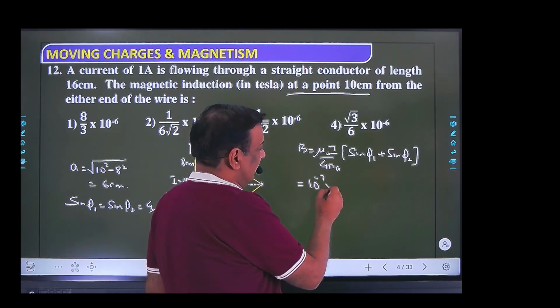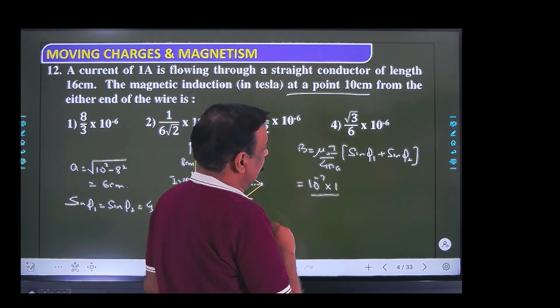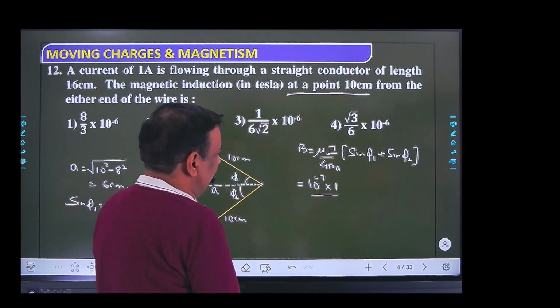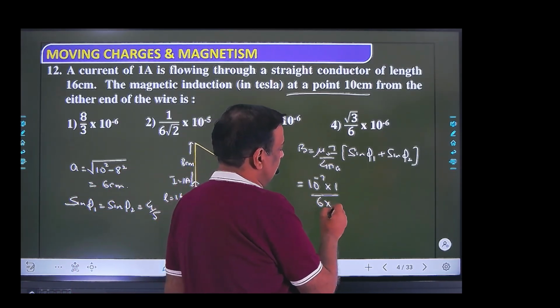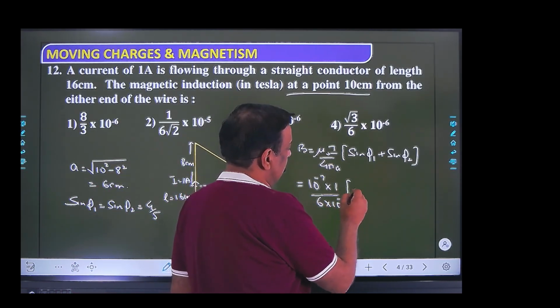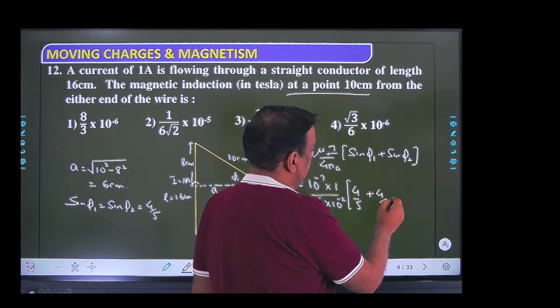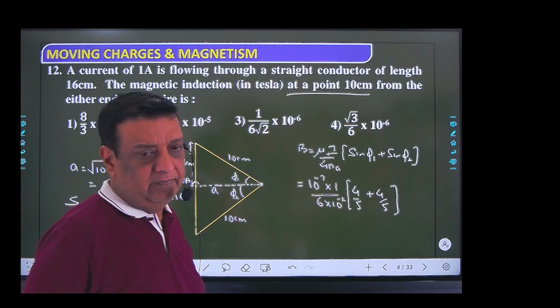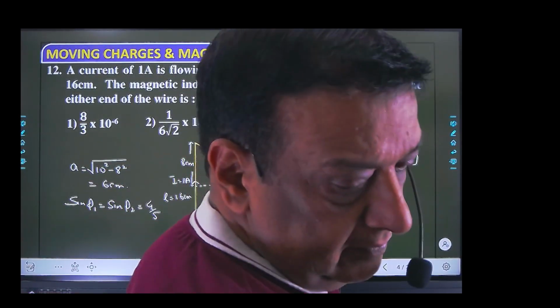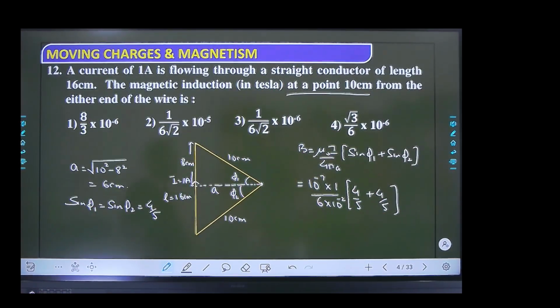mu naught by 4 pi is 10 raised to power minus 7, current is 1 ampere, A is given as 6 centimeter. Solve this, what value will come?